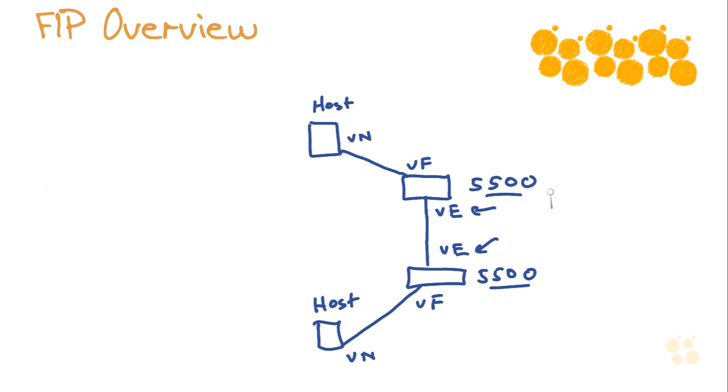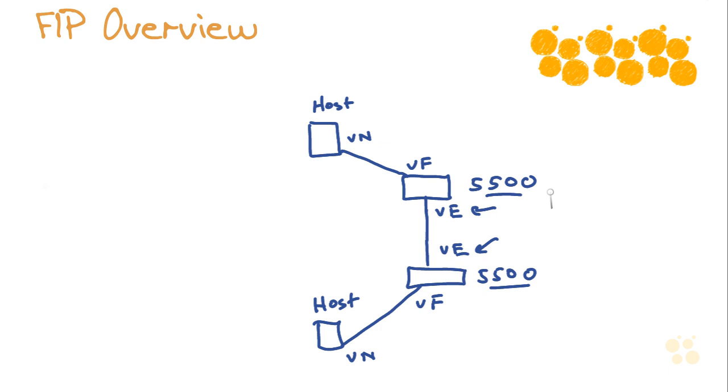VE port interface binding to MAC address is not supported. And finally, a VE port is enabled for trunk mode by default. Spanning tree protocol is disabled on the Fibre Channel over Ethernet VLANs on any interface to which a virtual Fibre Channel interface is bound, including the interfaces to which the VE ports are bound.